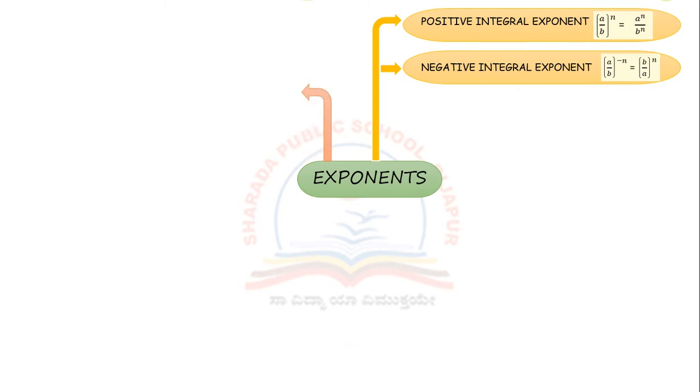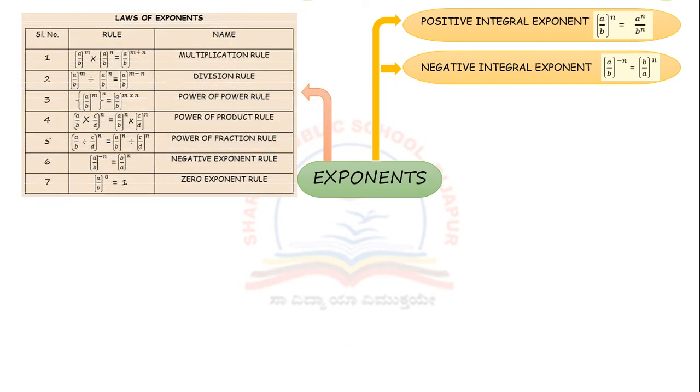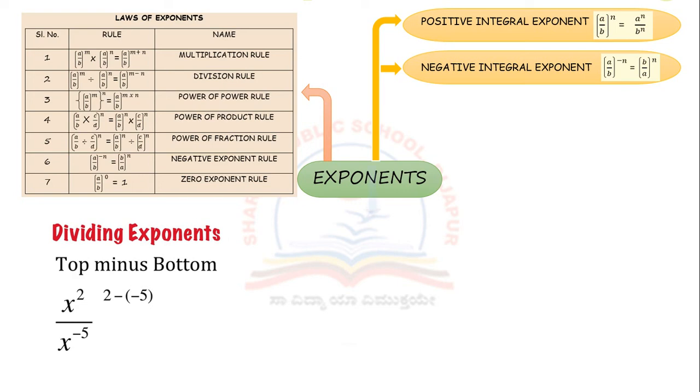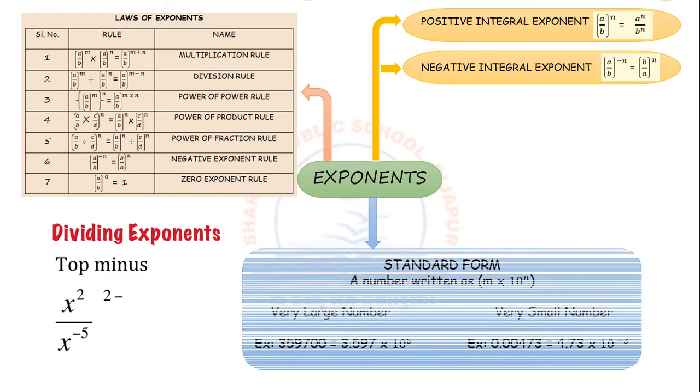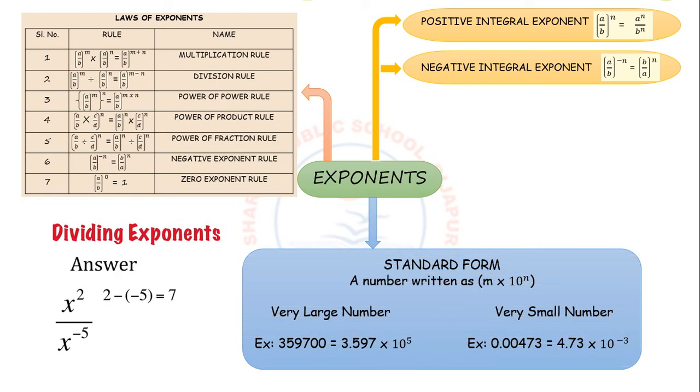We have then learned the laws of exponents which helped us to find answers of various problems. Finally, we have learned how to express very large or very small numbers in standard form. Let us now go through the vocabulary map of the lesson.